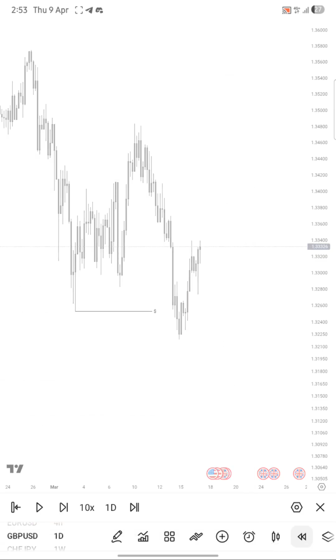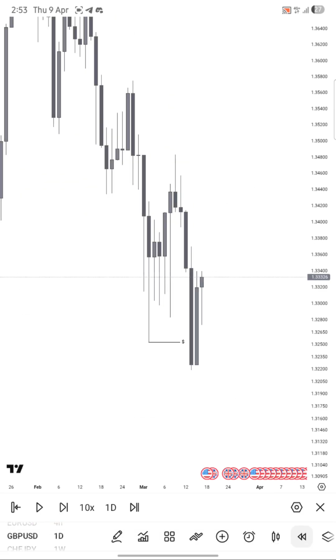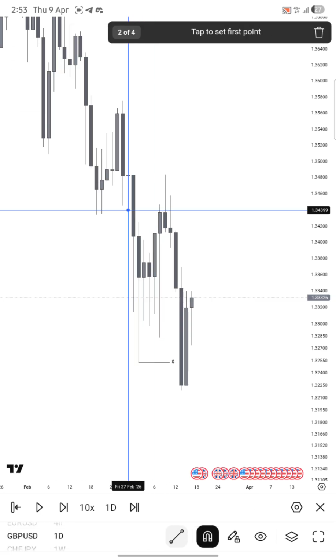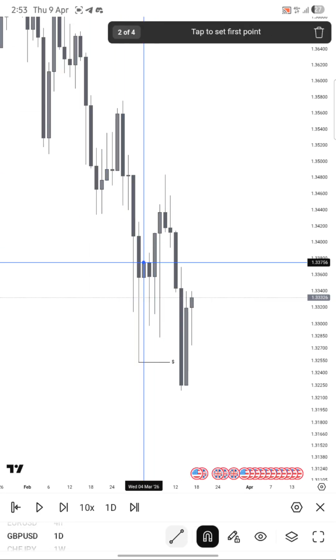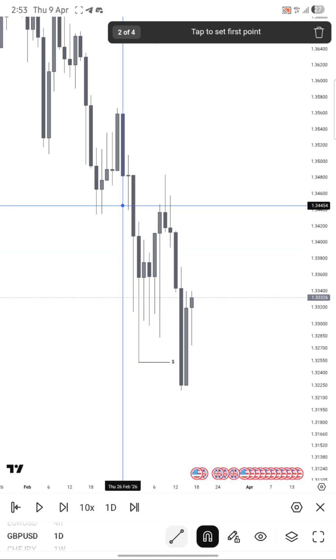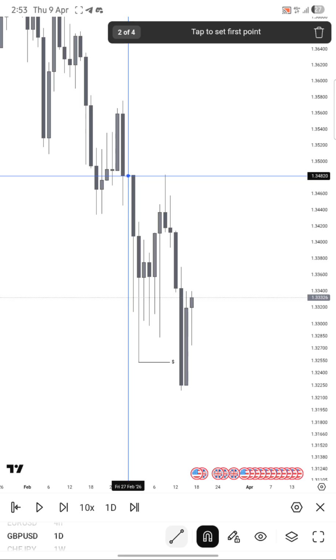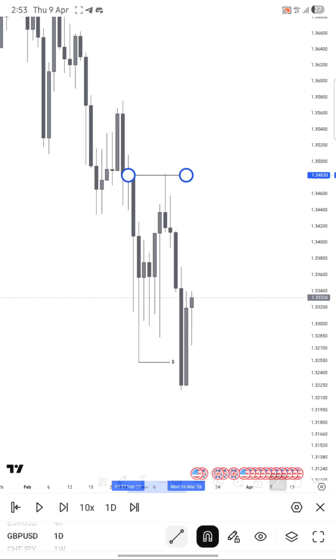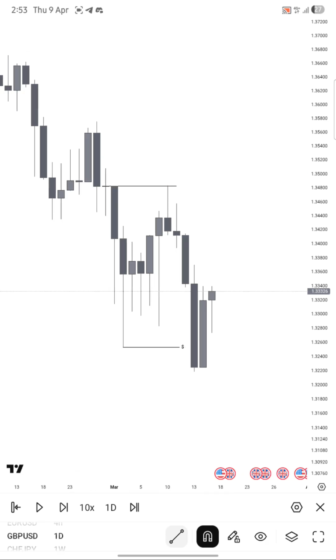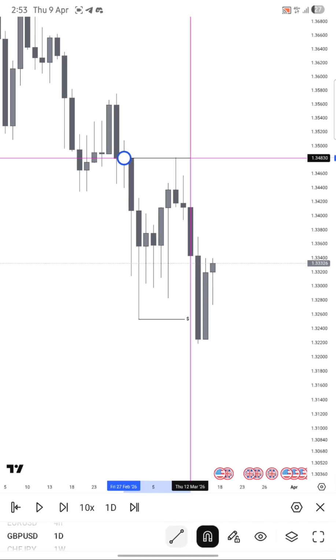When we go to the daily time frame, we see at the high an imbalance and liquidity around here. After price reached into this fair value gap, it filled it and reversed from the doji classic V, which is a daily classic V, which makes it a high probability and very strong level.